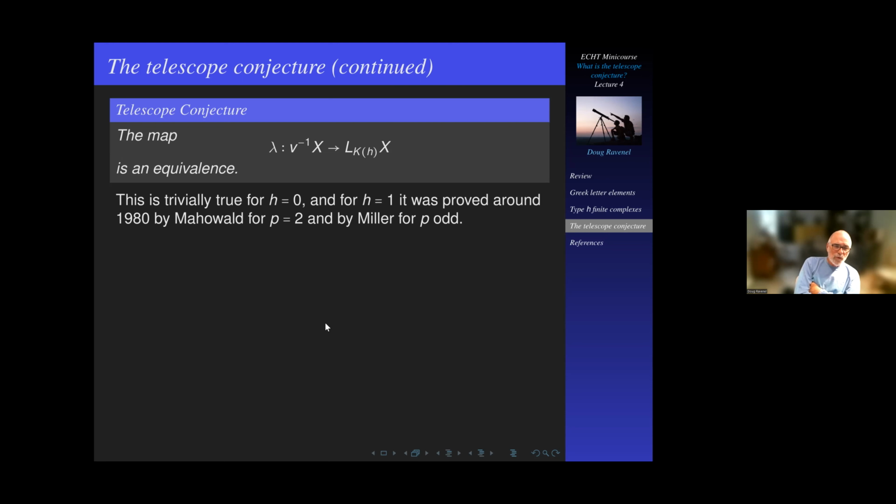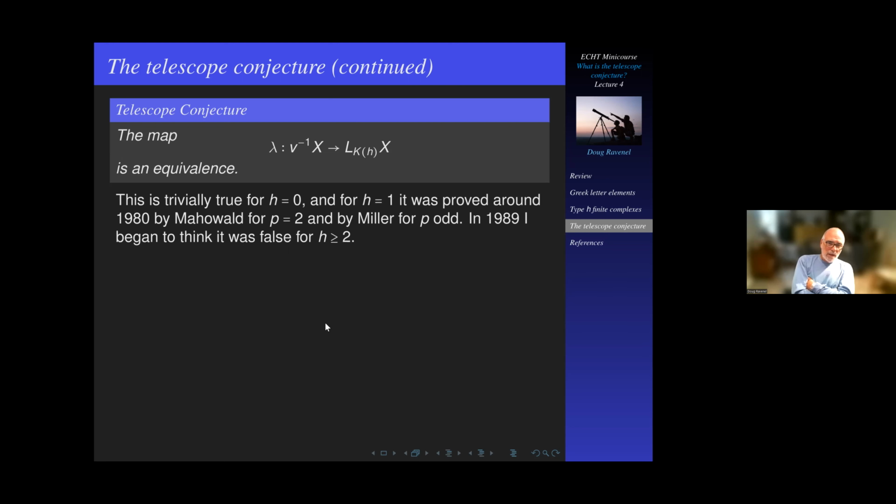It's trivially true for H equals 0. Now for H equals 1, it's a non-trivial statement, but it was proved around 1980 by Mahowald at the prime 2 and Miller at odd primes. So it was known to be true for H equals 0 and 1. When I made the conjecture, it was known to be true for H equals 0 and 1.